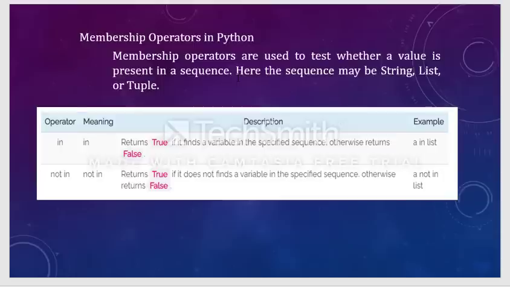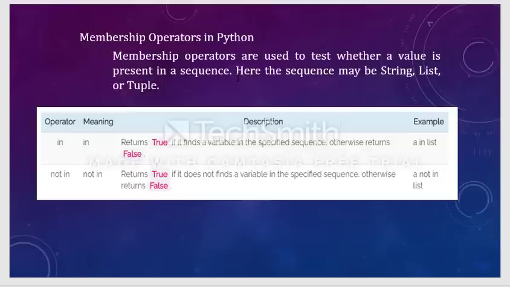So to check whether a sequence of values contains a specific value, suppose I have a list of values 25, 35, 65. Now you want to check whether 15 is there in that list or not. Obviously no, because the list contains only three values: 25, 35 and 65.